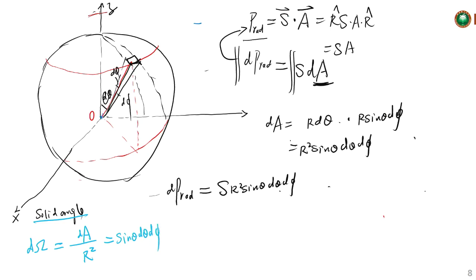If you take the closed integration over the whole sphere, the solid angle for a sphere equals how much? Could you remember? 4 pi. This is going to be used in our later analysis, but here we want to conduct the integration for this project.